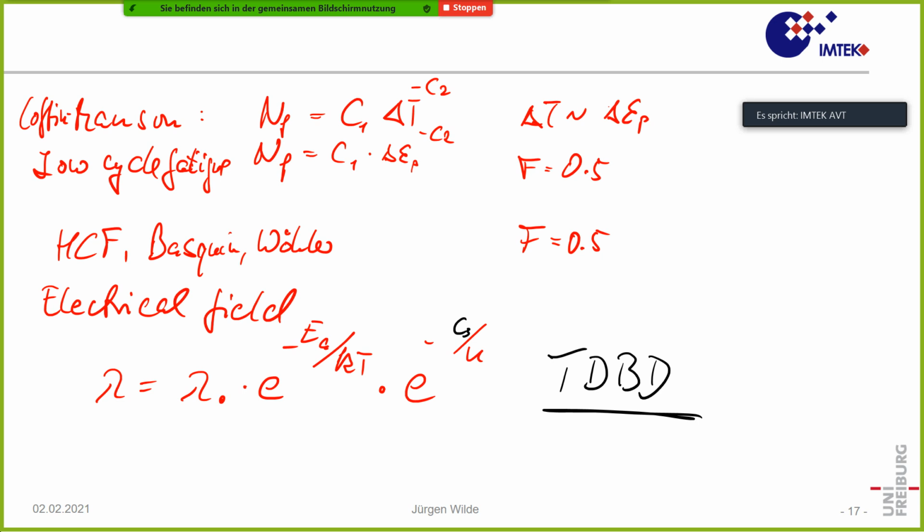That has an extremely high field strength of something like a million volt per millimeter. And the higher the field strength is, the higher the probability that there will be a breakdown.